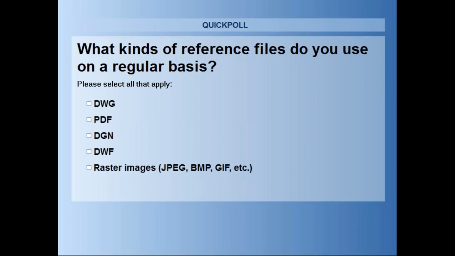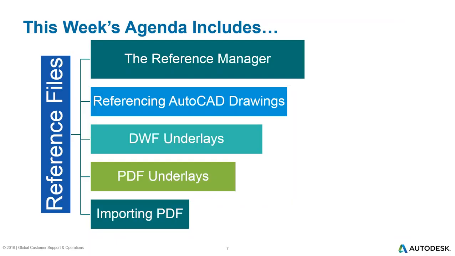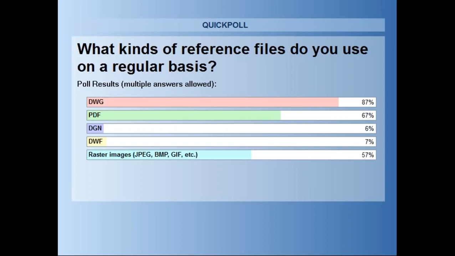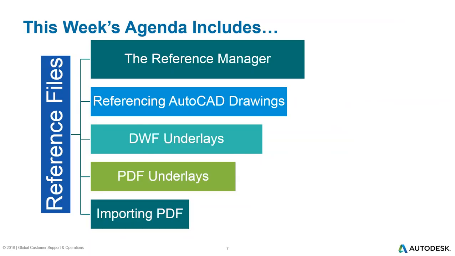So that's quite the DWG, I was expecting a high number on that. PDF, yeah, and raster images. The only thing we're really not going to cover in this webinar are DGN and raster images. Those are topics by themselves. So let's go ahead and close this poll. I'll share it real quick so you can get a brief idea, and then I'm going to take that right away from you. There we go. I'm pretty rude about that.